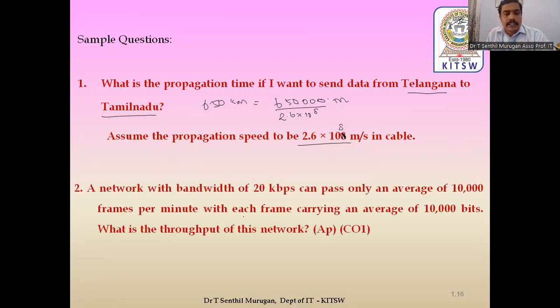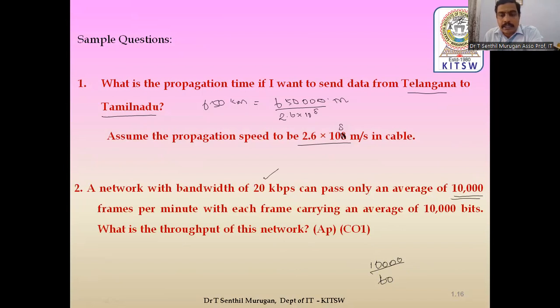Next question. A network with a bandwidth of 20 kilobits per second, the bandwidth given is the overall capacity, 20,000 bits per second, can pass only an average of 10,000 frames per minute. Each frame carries an average of 10,000 bits. 10,000 frames per minute means per 60 seconds, so you convert by dividing 10,000 by 60.